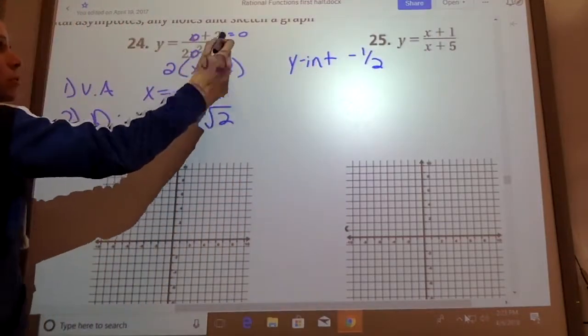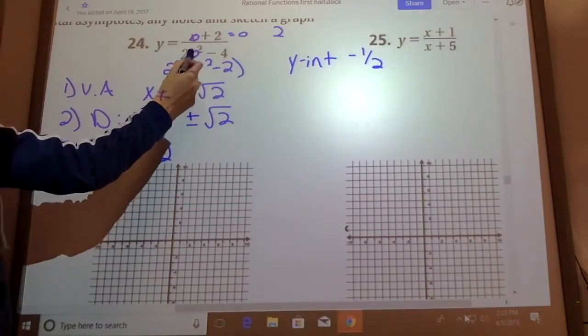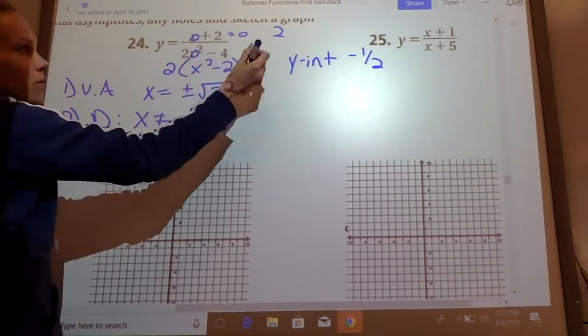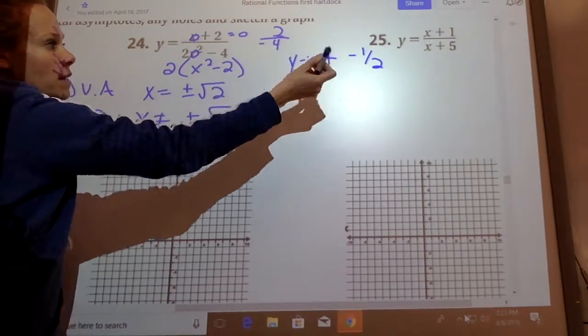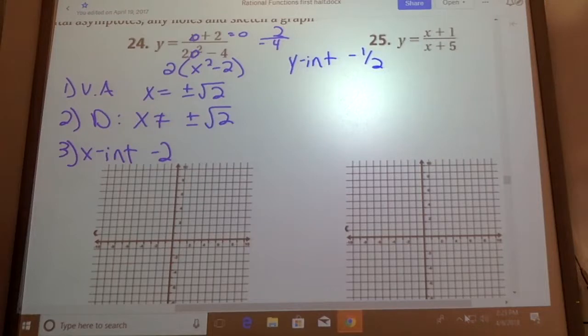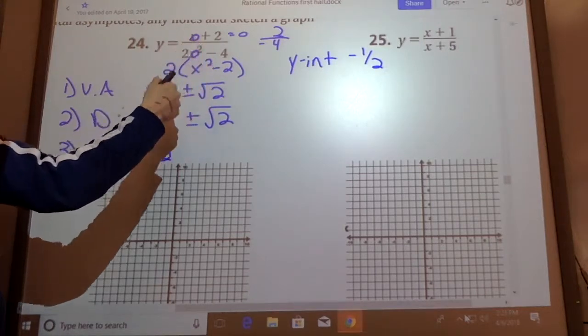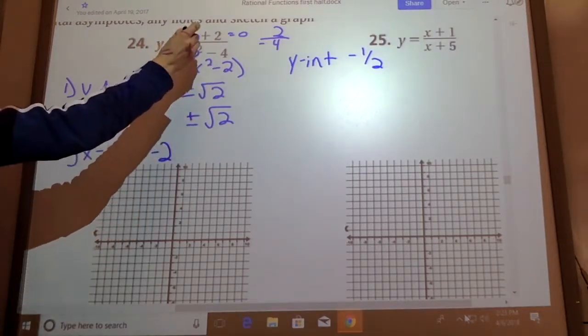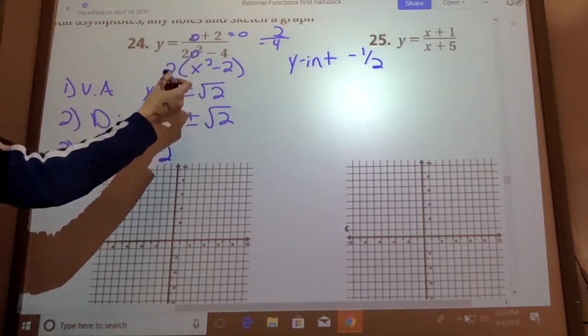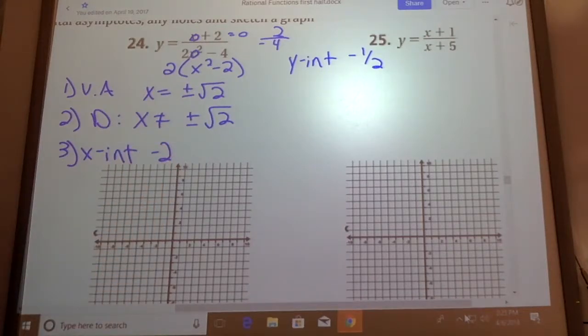Right? 0 plus 2 is 2. 2 times 0 squared is 0. 0 minus 4 is negative 4. And that's negative 1/2. Simplifies. You put 0 in for x and solve it.